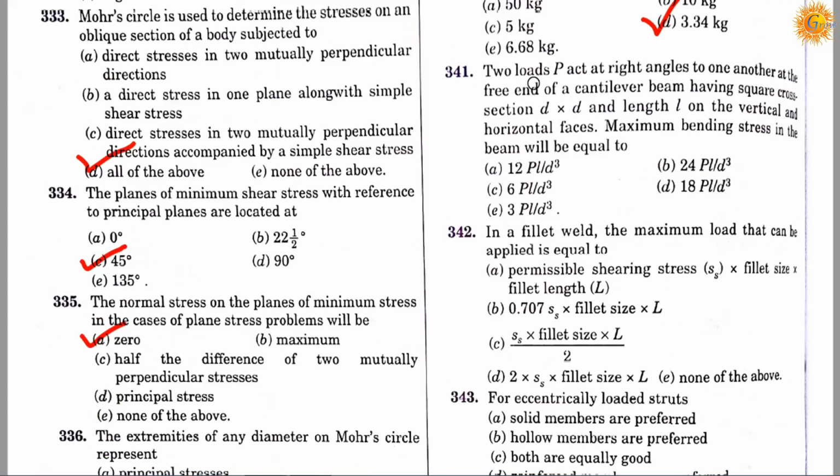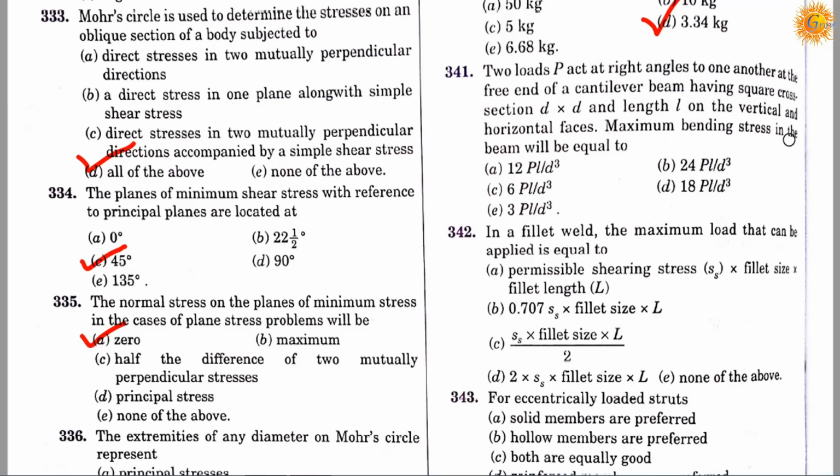Question number 341. Two loads P act at right angles to one another at the free end of a cantilever beam, having square cross section D by D and length L, on the vertical and horizontal faces.